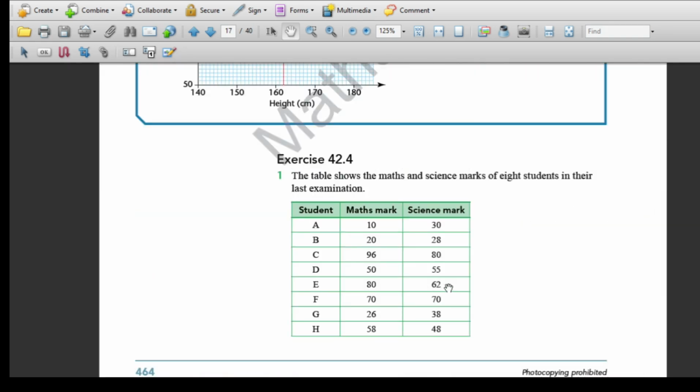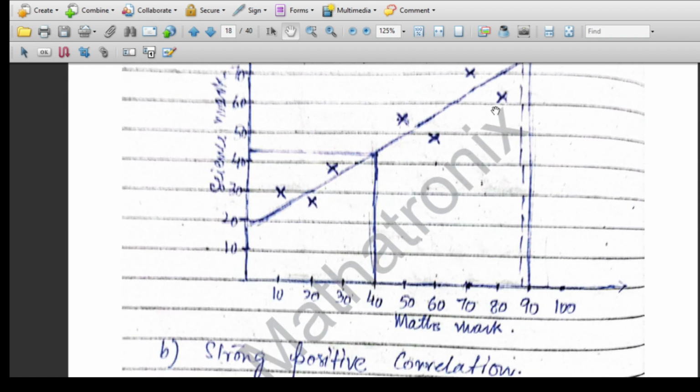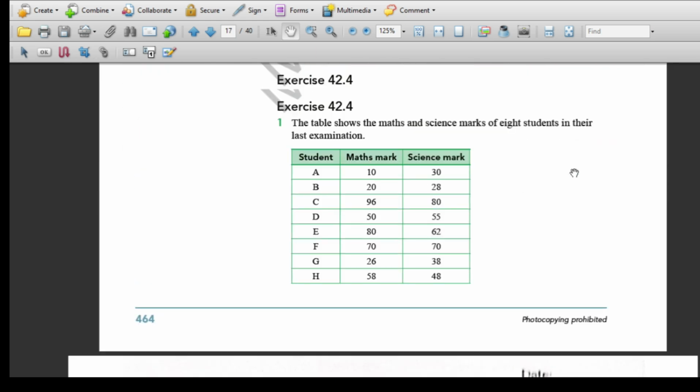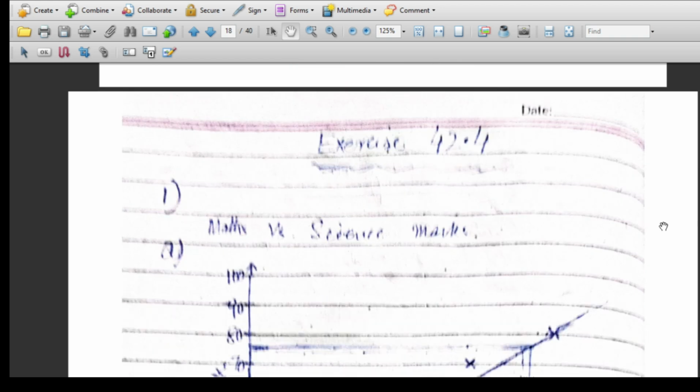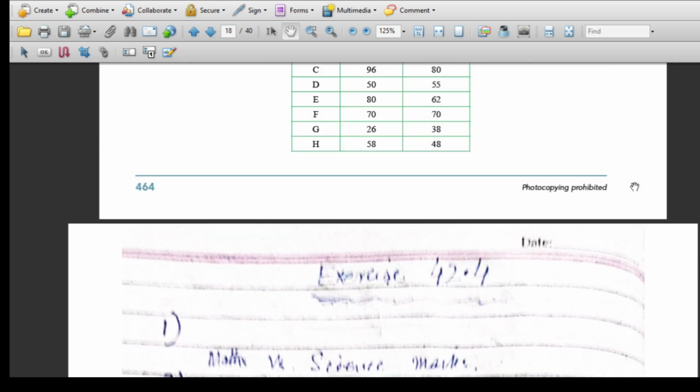At 80 we have this 62 marks. And then at 70 we have 70 marks in science. And 26 and then 38.